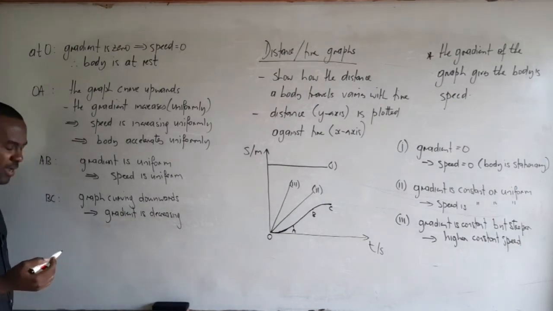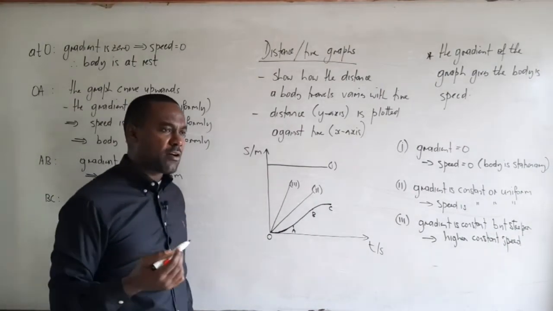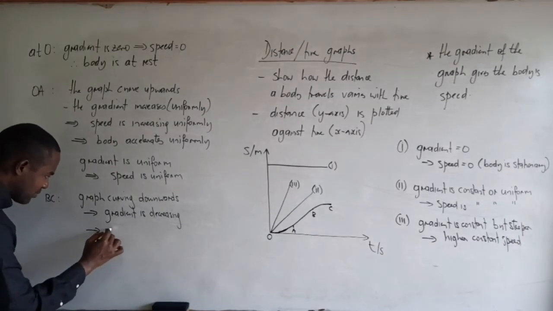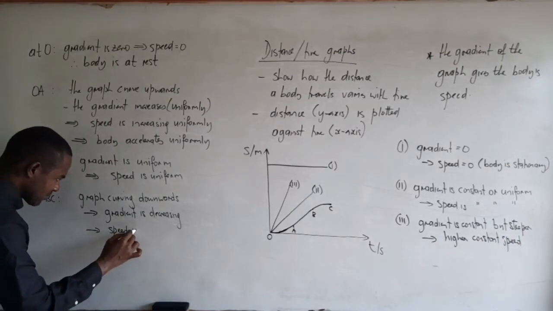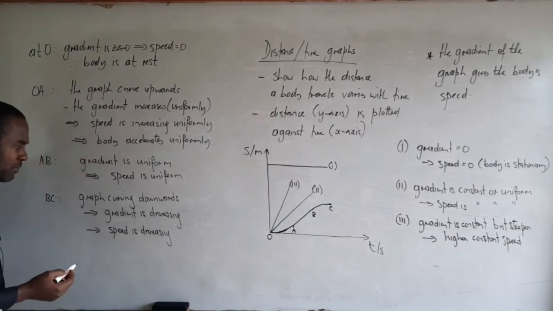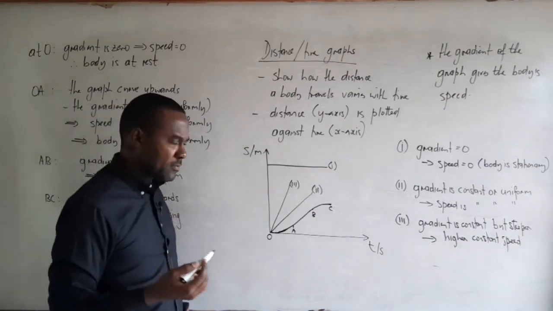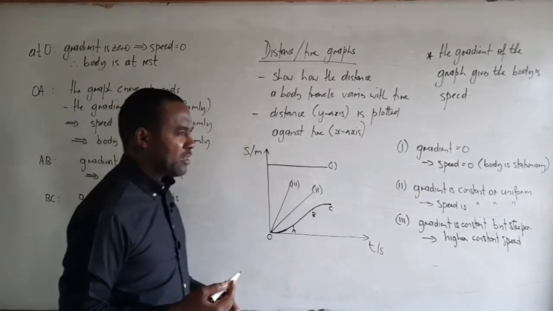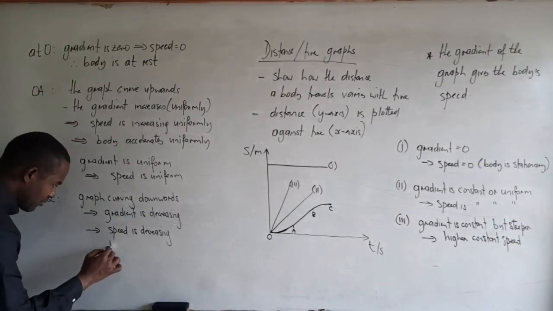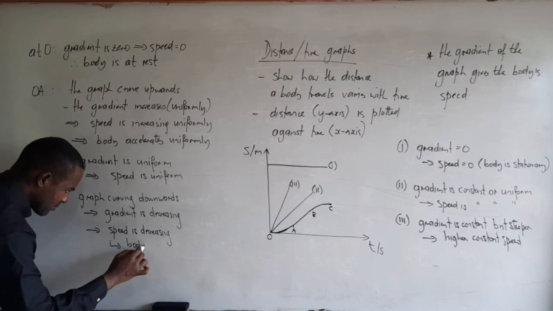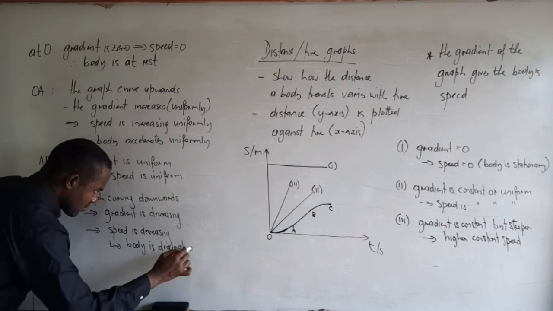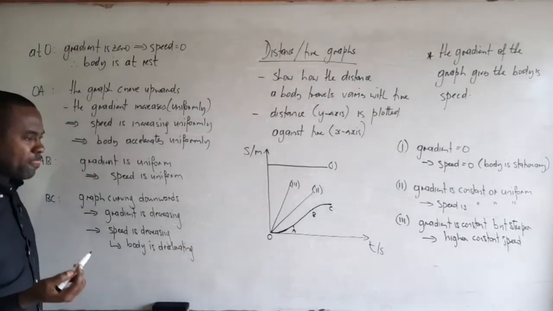And of course, once again, we know that the gradient of a distance time graph represents speed. And if the gradient is decreasing, then this means that the speed is decreasing. Right? And because the speed is decreasing with respect to time, we say that the body is decelerating, right? So therefore the body is decelerating, it is slowing down.